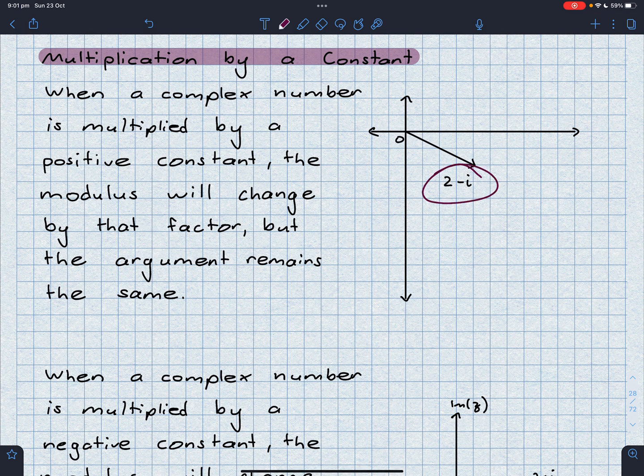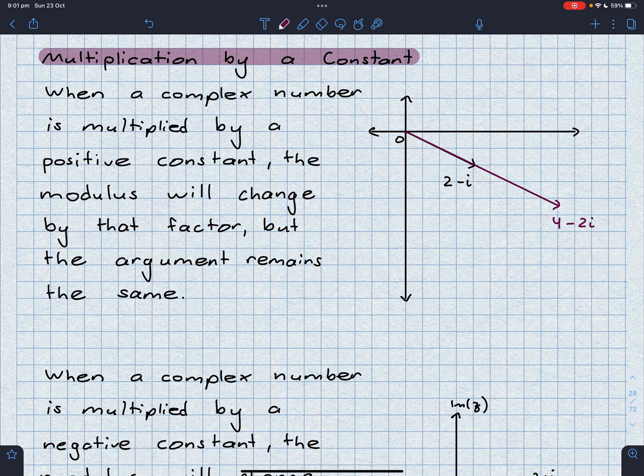So let's say I want to take 2 minus i and multiply it by 2. All that's going to happen is that the modulus is going to double, but the argument will stay the same. And if I worked it out in Cartesian form, 2 times that complex number would be 4 minus 2i. And you can see that line would have the exact same gradient, just be a little bit longer, double as long.